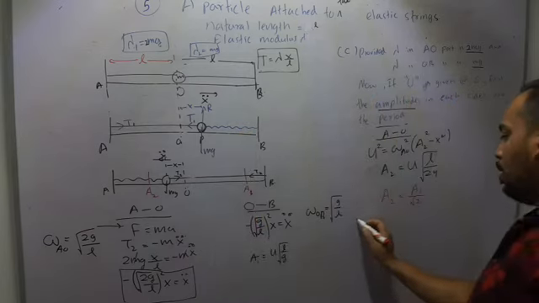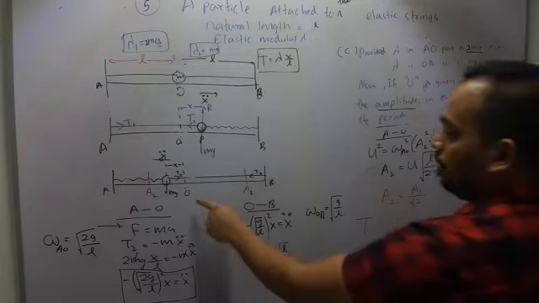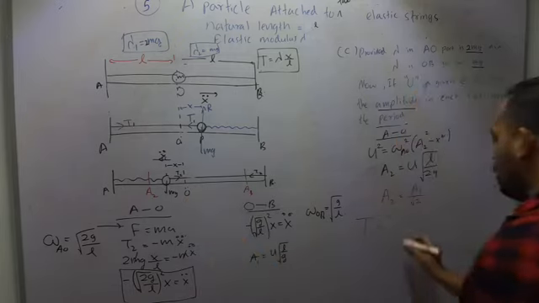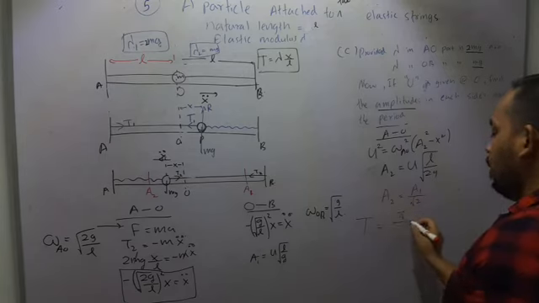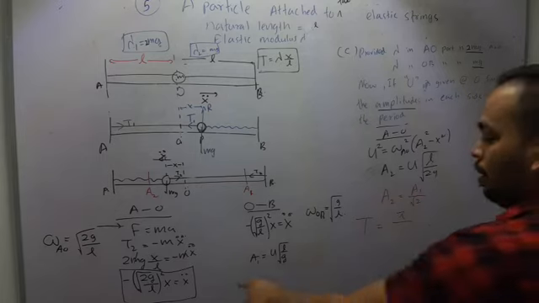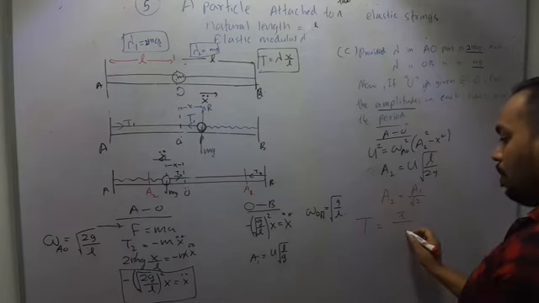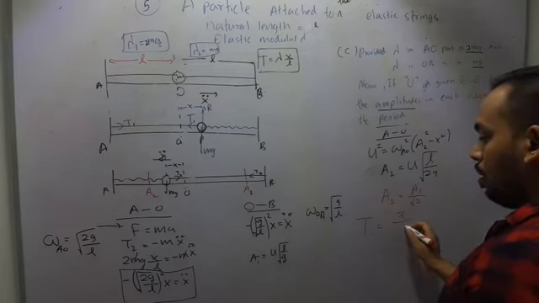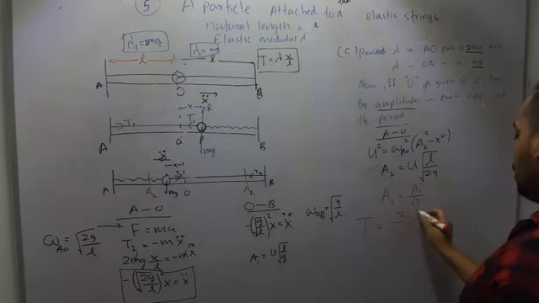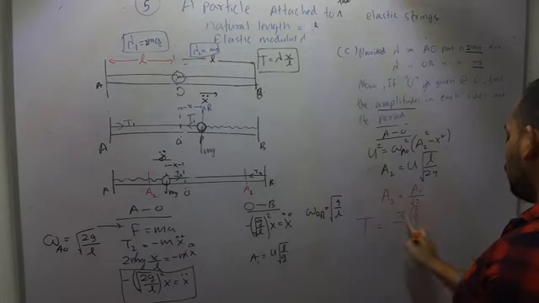So the total time would be O to A1, then A1 to O. That is pi divided by omega 1, not 2 pi, since this is just half of the cycle. Omega 1 is root g over L, therefore this is pi times root L over g.